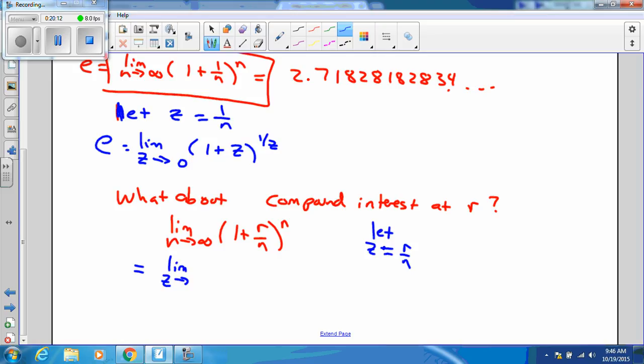Somebody besides me. Zero. Exactly. Let n go to infinity and you see it. Keep going. Oh, so 1 plus z. But to what power? Philip. We're going through and we're trying to substitute everything, and we've accomplished substituting everything except for n. What is n equal to?